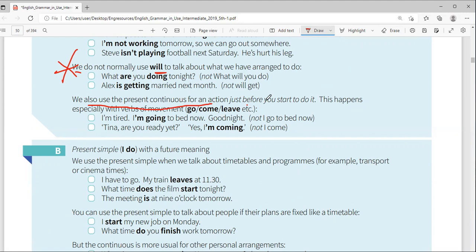You might think Faria is on the bus when she says I'm coming. No, in fact, she's still in bed and she's saying, I'm coming. It is correct. Don't say Faria is a liar. She's not a liar.